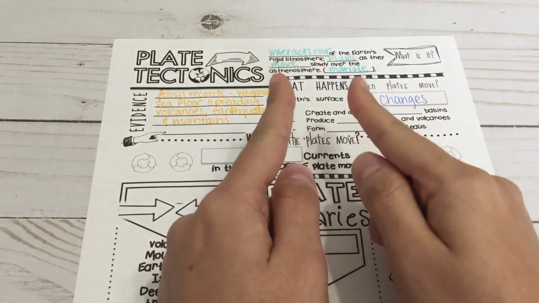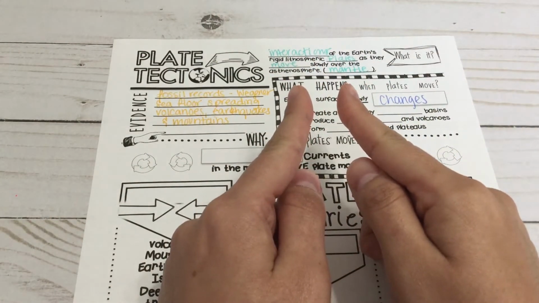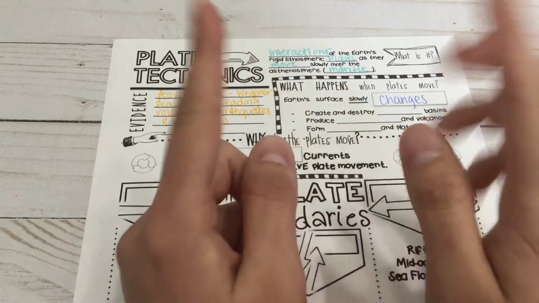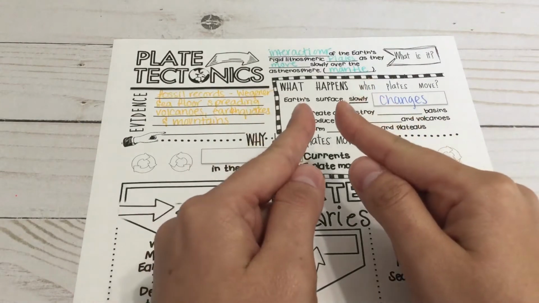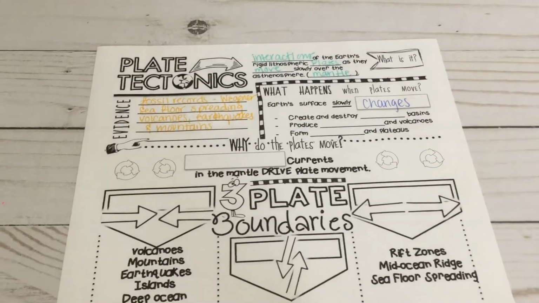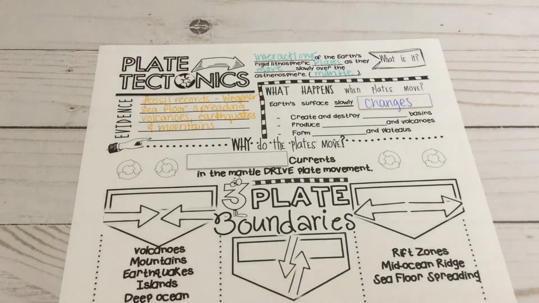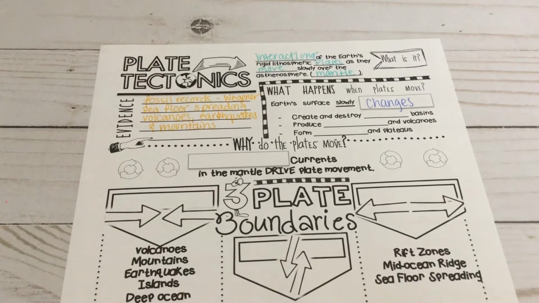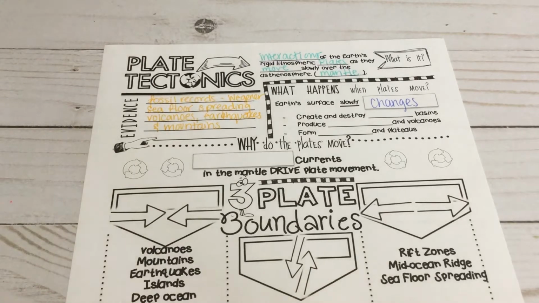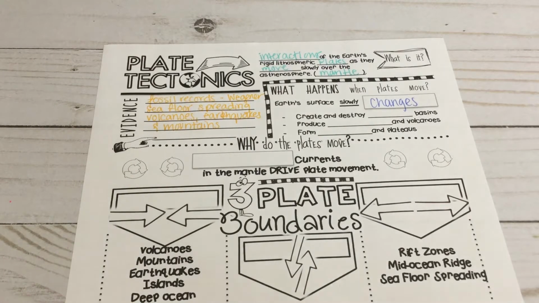Every year it spreads about 3 centimeters, not 3 inches, 3 centimeters. If you look at a ruler, 1 inch is approximately 2.5 centimeters, so it's spreading maybe 1 inch every year.